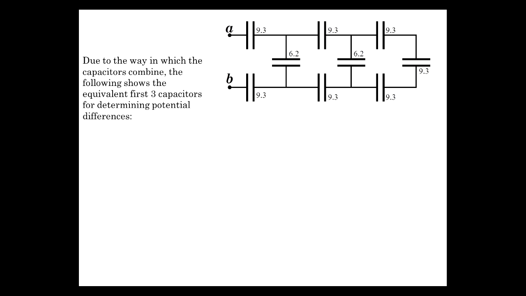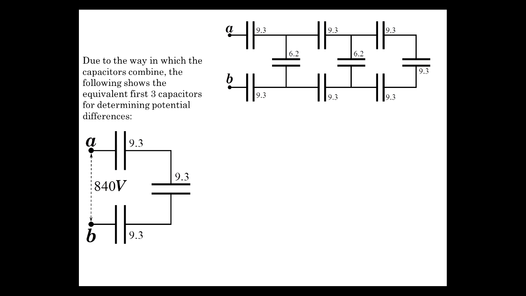Now, let's see what the voltages are, potentials across the first 3, and what the charges are. So here we have, between A and B, 840 volts, and this is the functional equivalent of those first 3. Because even though this is really 6.2, when combined with everything else that's out here, it's like a 9.3.